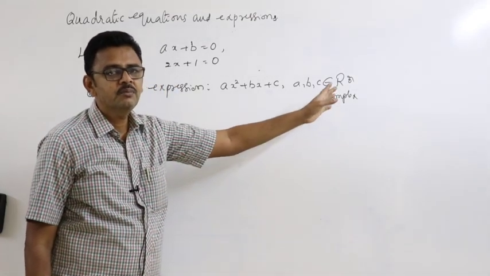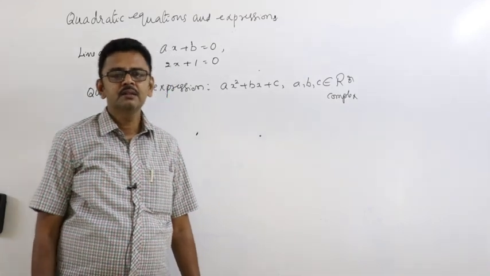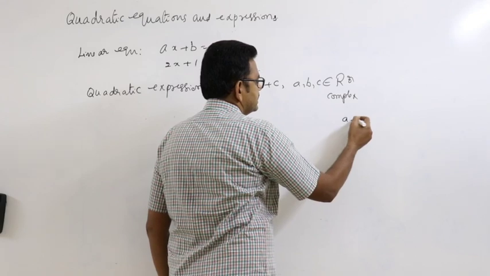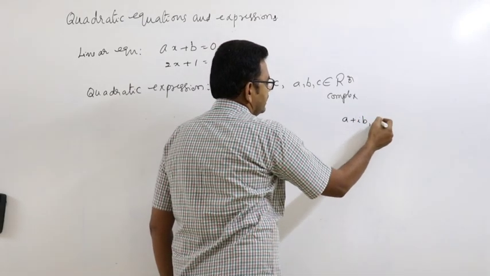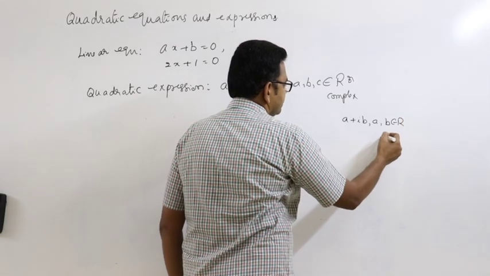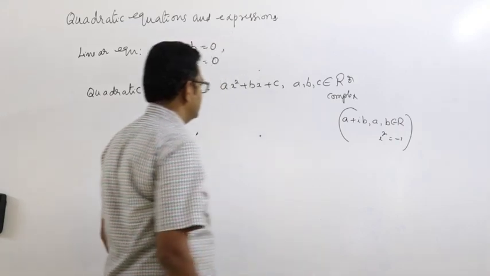Already I told about the complex number. A complex number is of the form a plus ib, where a, b are real numbers and i is an imaginary value with the property i square is equal to minus 1.